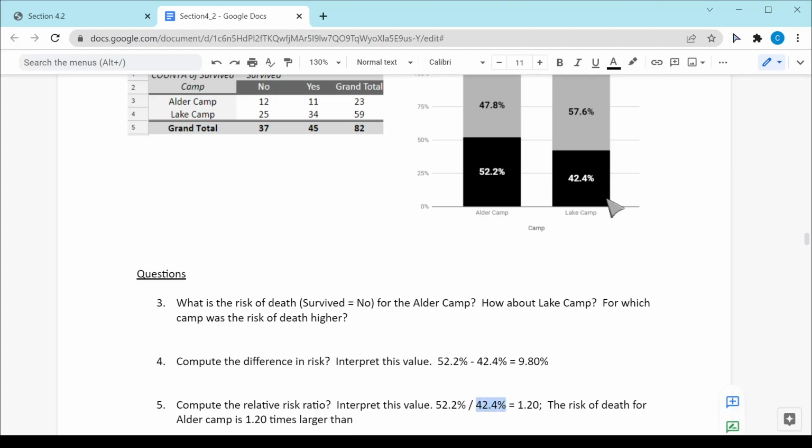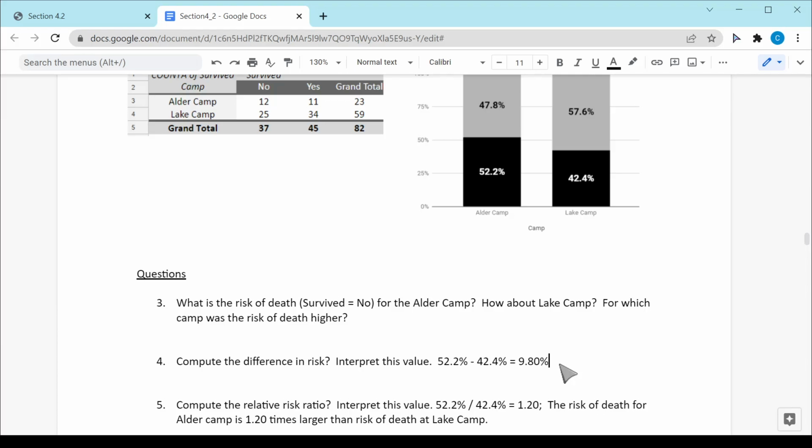And the denominator is the risk of death at Lake camp. So the risk of death at Alder camp is 1.2 times larger than the risk of death at the other camp. So that would be the interpretation there.